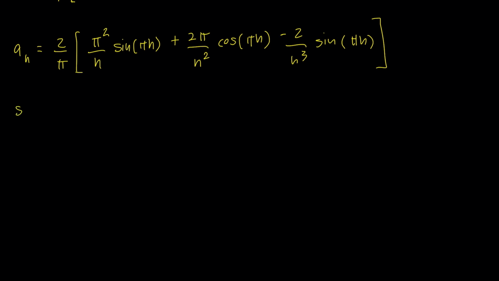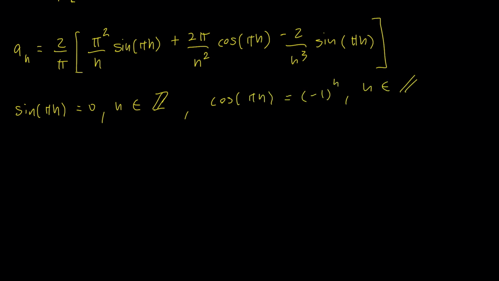And we'll notice that sine of pi n equals 0, where n is an integer, and the cosine of pi n equals negative 1 to the n, where n is also an integer. So because of that, this will cancel and this will also cancel.